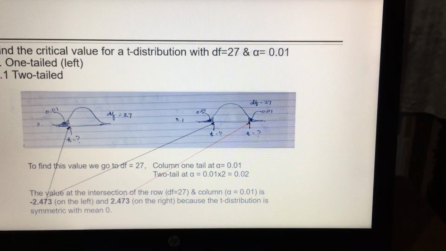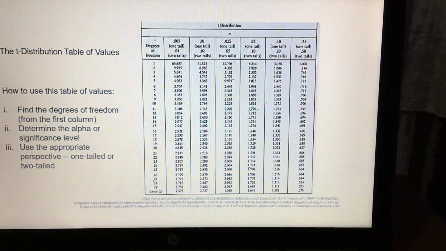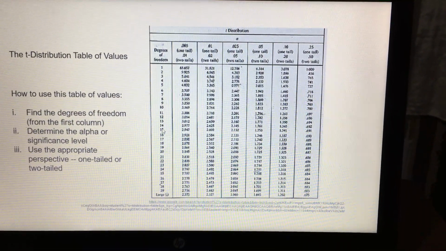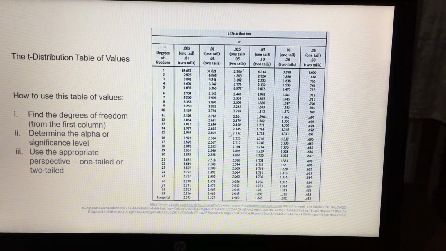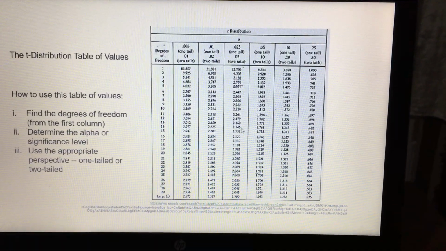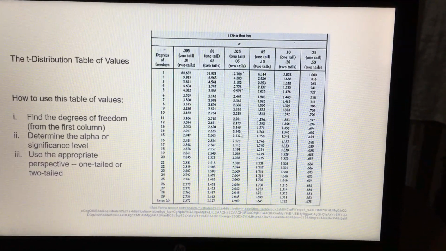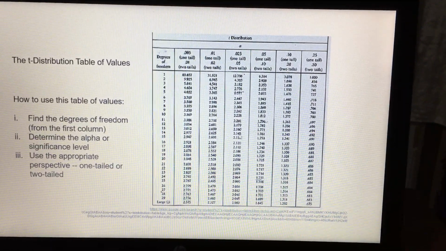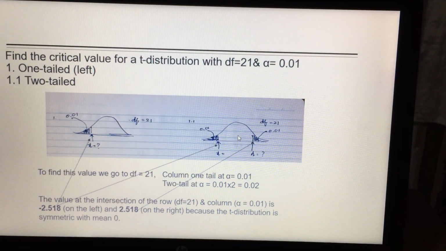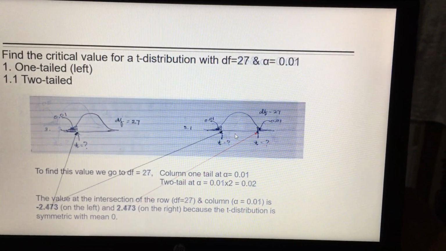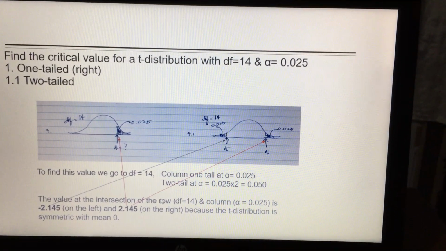And so we go back to the table, look for degrees of freedom 14, and alpha equal to 0.025, and that will give us a value of 2.145 on the right and negative 2.145 on the left, and that is the value that we get for example number 4.